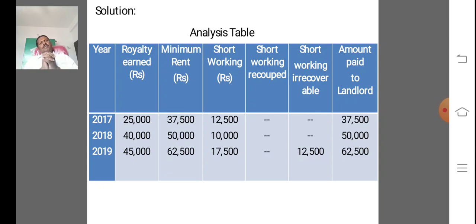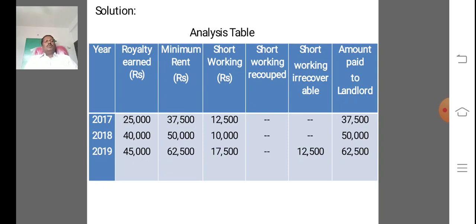So what is the time for recovery of short workings within next 2 years? After a short working occurs in any year, the next 2 years is the time limit.